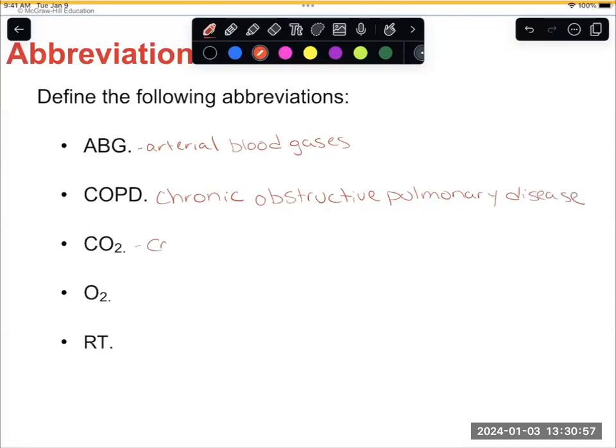CO2, carbon dioxide. O2, oxygen. RT is a respiratory therapist or respiratory therapy. Same thing, just a person who does respiratory therapy.